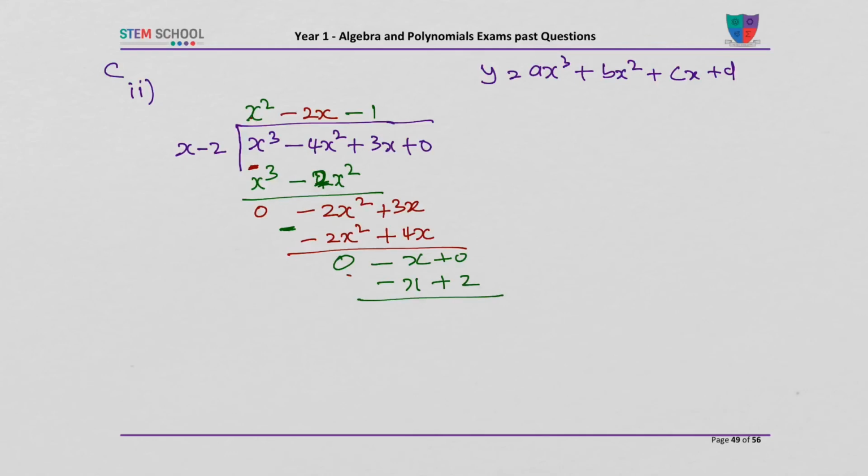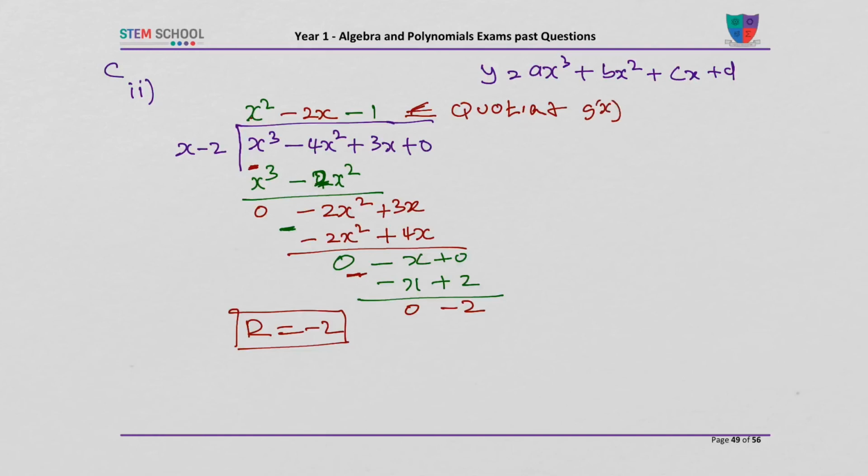Take away. Minus x plus x is 0. 0 minus 2 is minus 2. So we now see the remainder that we worked out earlier to be minus 2. So that was correct. Now we've got our quotient here, which is the g of x.